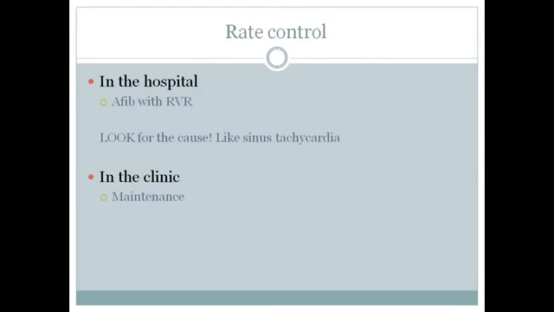I cannot say that enough. This is important. Be a physician. Don't make a reflex: oh, the rhythm is fast, give him a beta blocker, give him a calcium channel blocker. Look at what's going on. You can probably do much more benefit by fixing the problem than just throwing some medication.